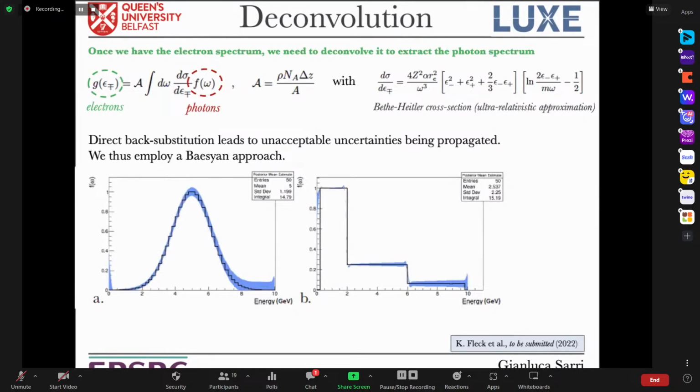And as you can see from simulations, it's actually quite accurate in reproducing the gamma ray spectrum, and it has quite high resolution, especially in resolving edges, as you're interested in Compton scattering, with energy resolution, for instance, for LPHYS of the order of a few percent.